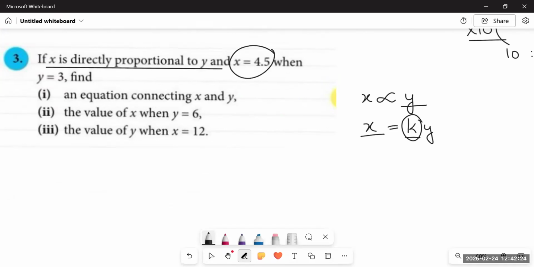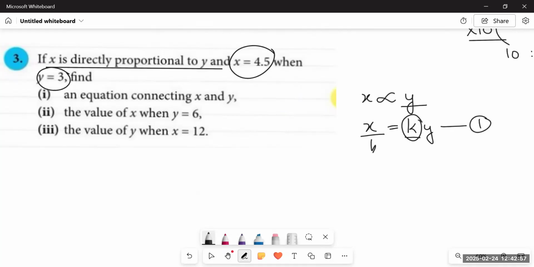Whatever value of X is given and whatever value of Y is given, we will substitute their values in this equation number 1 to find out this constant. Every time with this type of question, you have to do the same. Whatever proportion you are provided with, first you generate an equation. And after generating the equation, you have to find out the value of the constant using the values of the quantities that are given in the question.